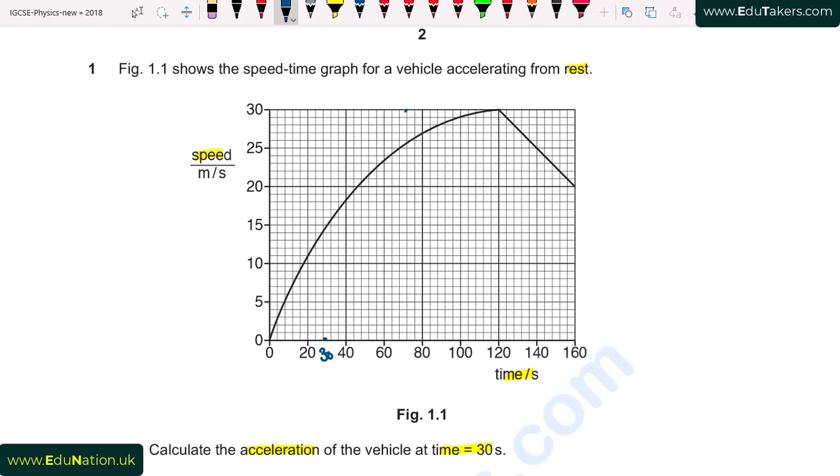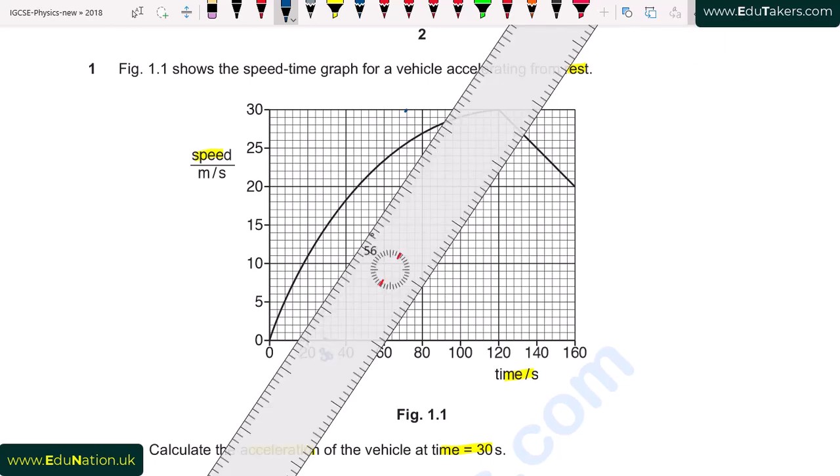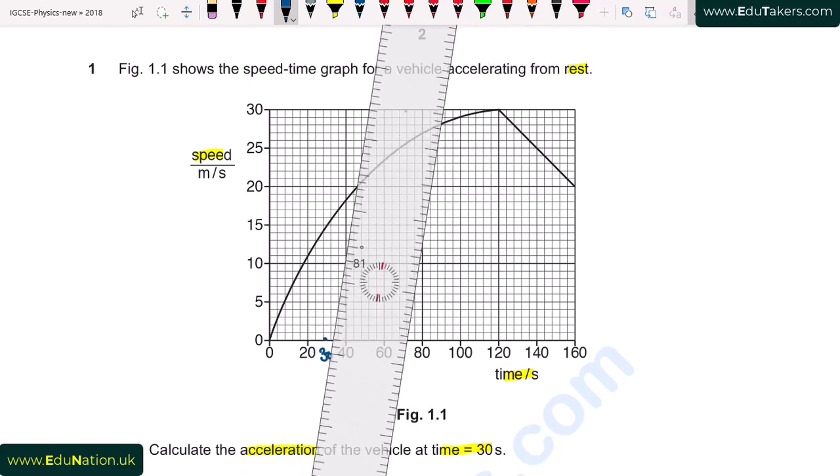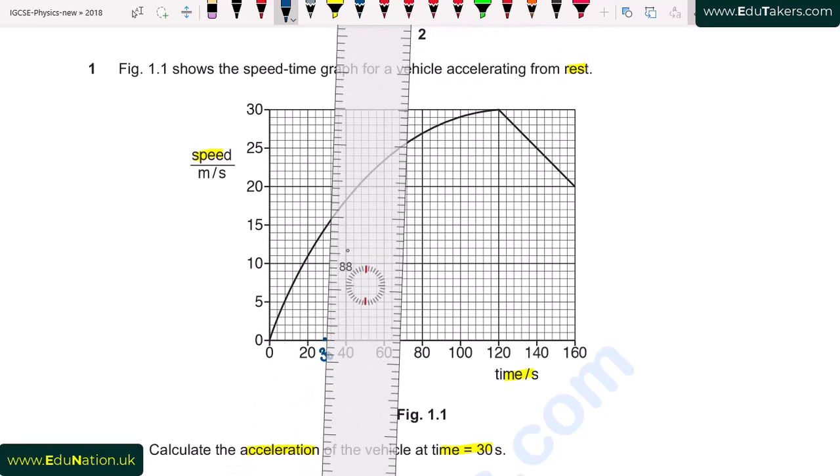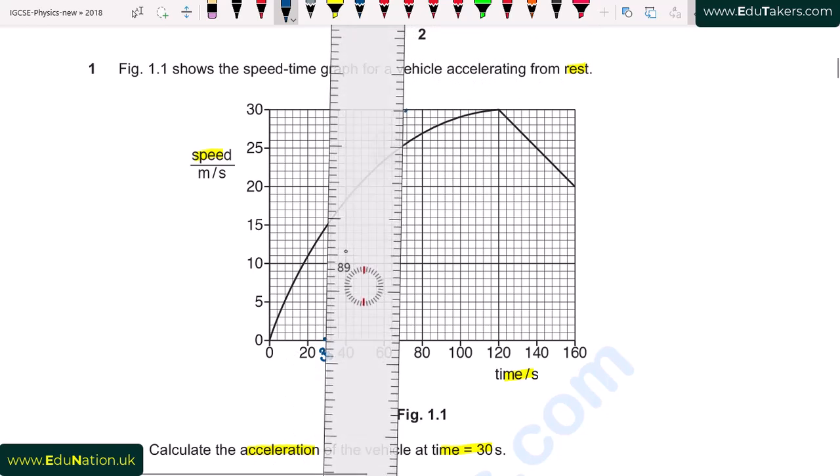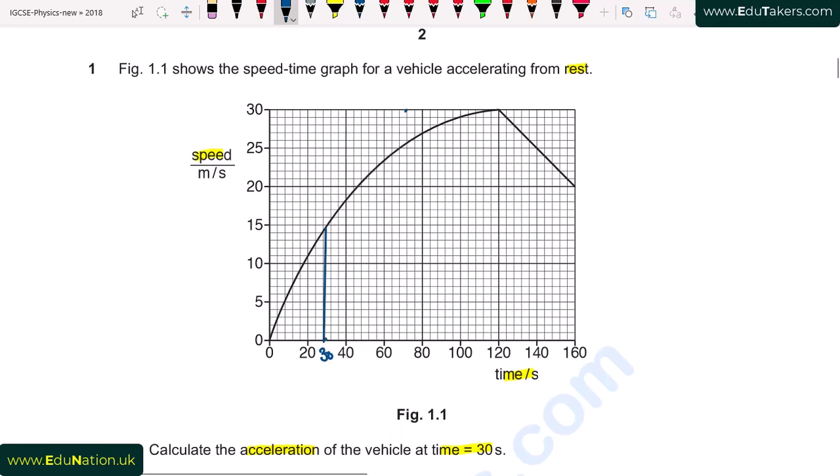When we have to find the slope, I use a ruler and join this point on the curve. It will meet at this point. But here we can see that this curve is not straight. It is bending.